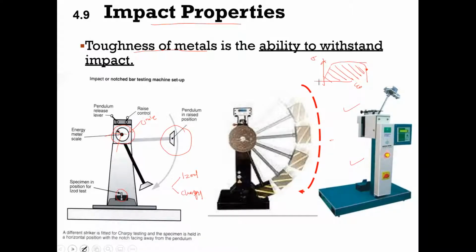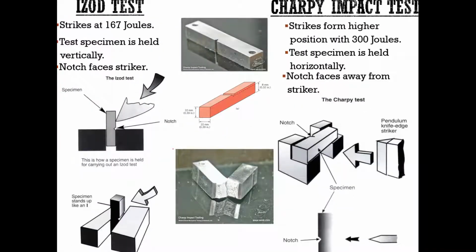Alright, so let us look at the specimen, the difference between the Izod test and the Charpy test. What's the difference between those two tests? First we look at the specimen.